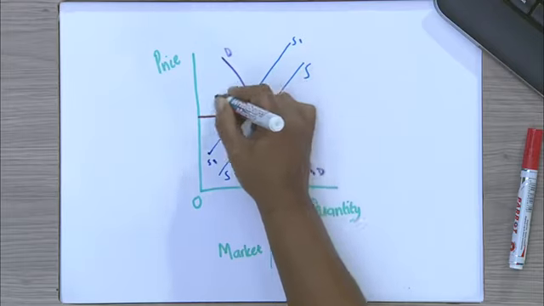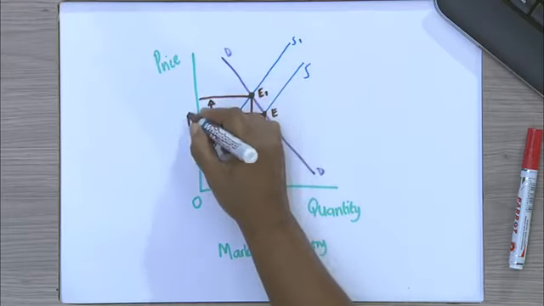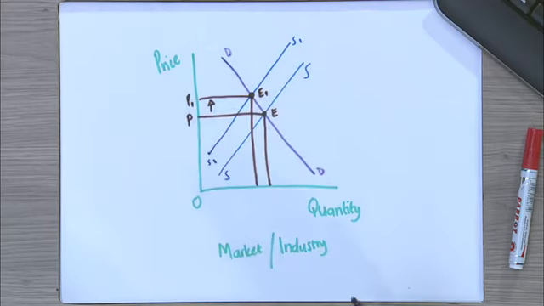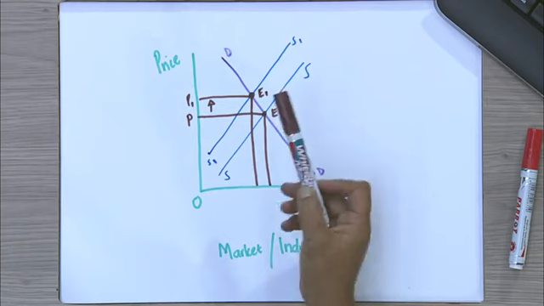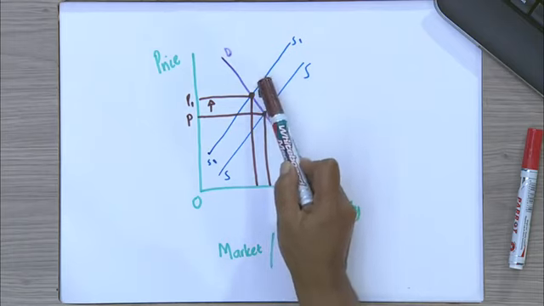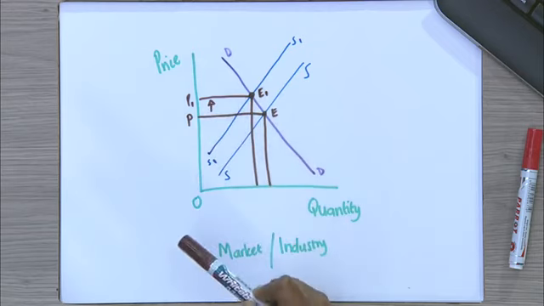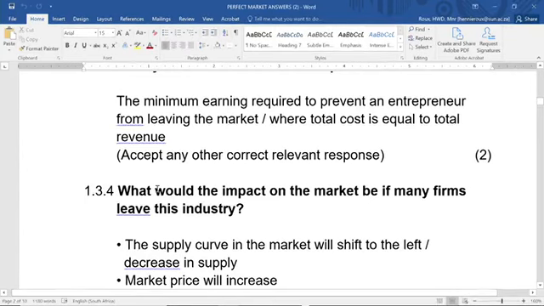So what do we notice? The price then increases from P to P1, right? So that's what the effect will be if many firms were to leave the industry. We will find that the supply decreases, and as a result of the supply decreasing, that forces the price to go up, which means then the price that the individual business charge will also go up, right?